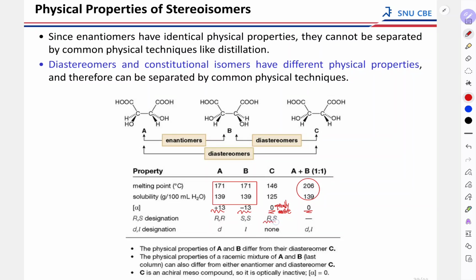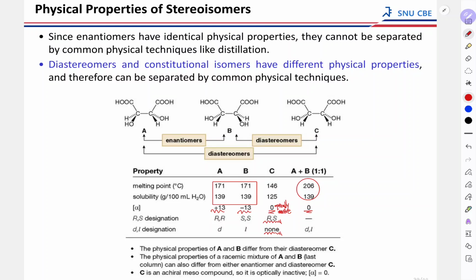If you look carefully, it has an internal symmetry plane. It's an achiral compound, not because it's a diastereomer to A or B, but because it is a meso compound, that's why you're getting 0 degrees.